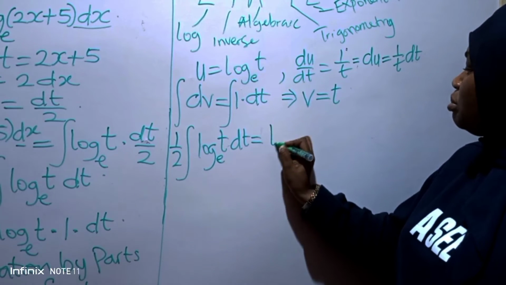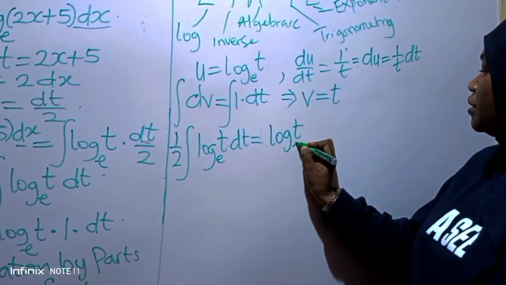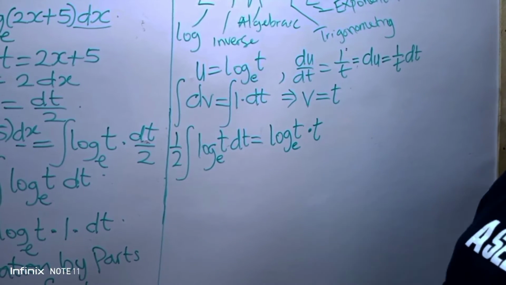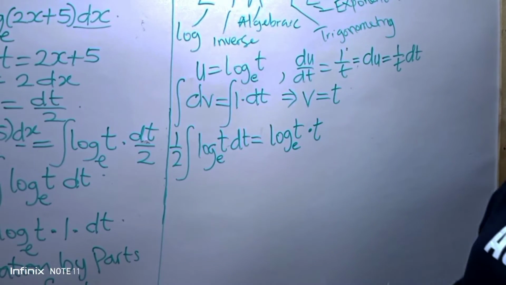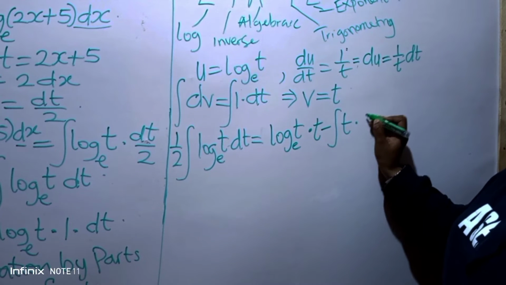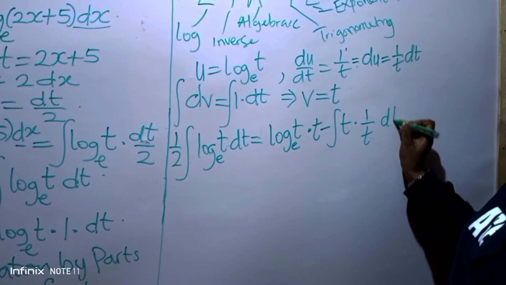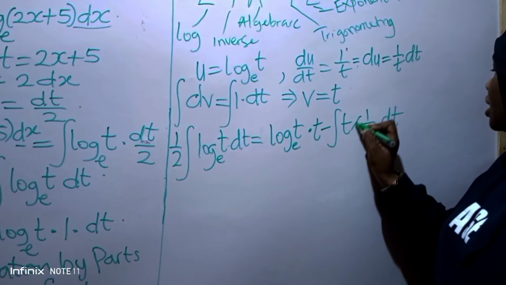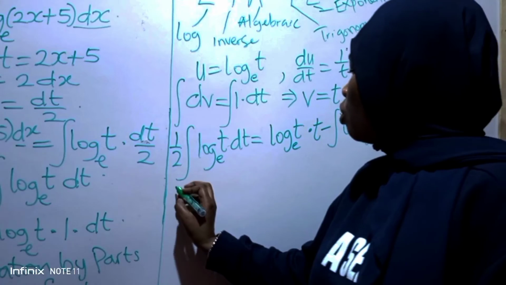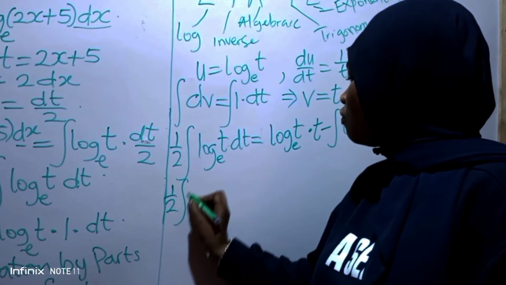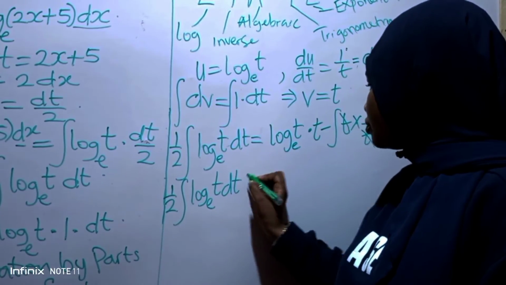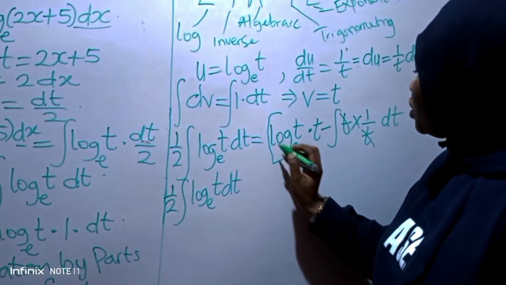u is log t base e, then v is t, so you multiply by t, minus the integral of v du. So minus the integral of t times 1 over t dt. Now we can simplify: we cancel the t in the denominator. But we should not forget the 1 over 2 outside.